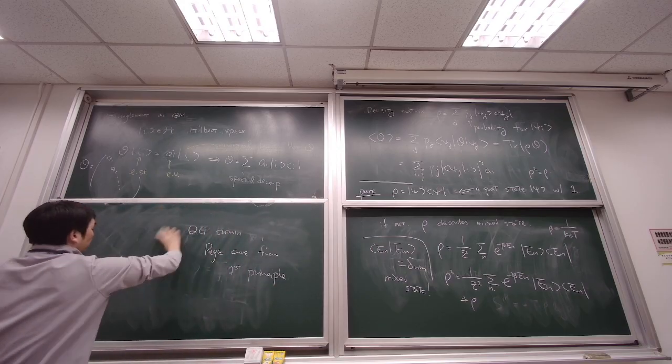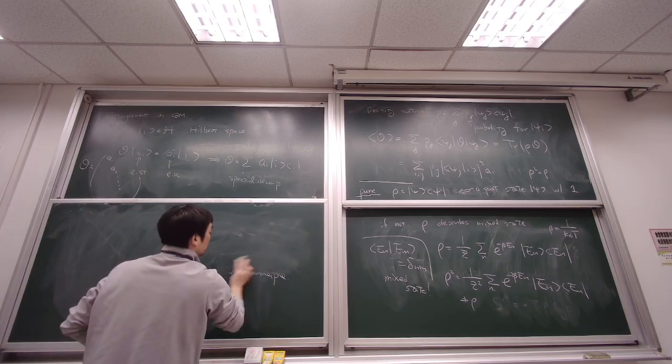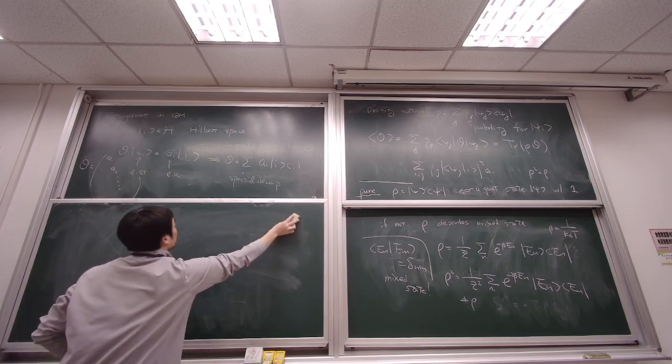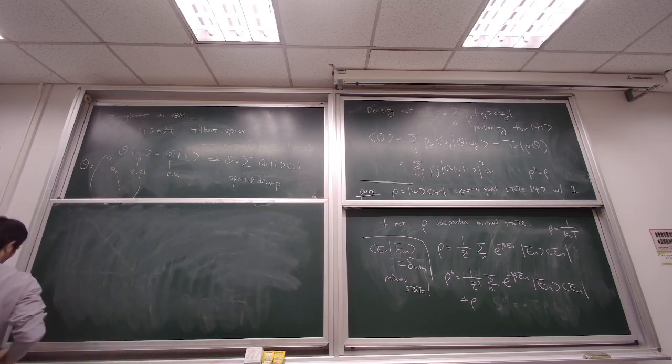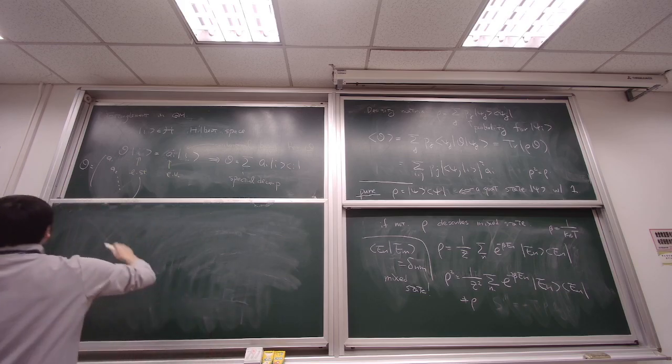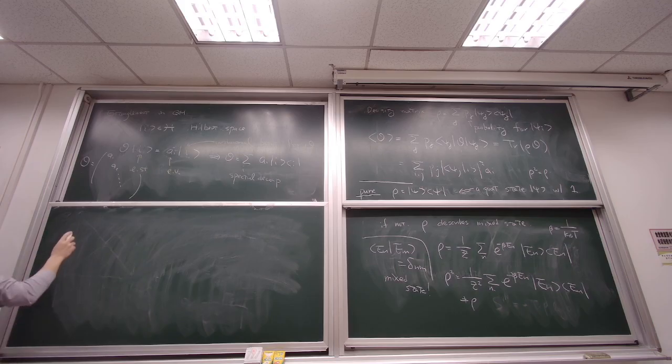And to explain the Page curve, we need to consider so-called entanglement of two systems. Suppose you have two regions in a space. You have a region A, whatever, and say the complement is B. So one subsystem and the other subsystem.